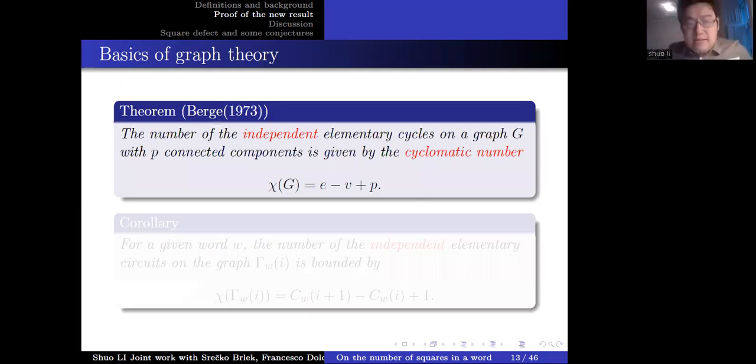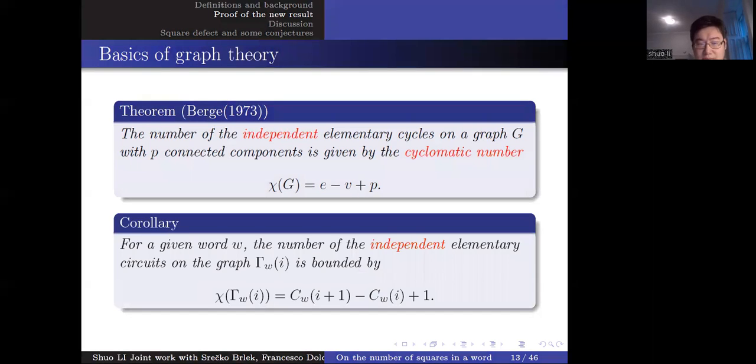Well, there exists a well-known theorem in graph theory, which states as follows. The number of independent elementary cycles on a graph G with p connected components is given by the cyclomatic number chi of G, which is defined to be the number of edges minus the number of vertices plus the number of connected components.